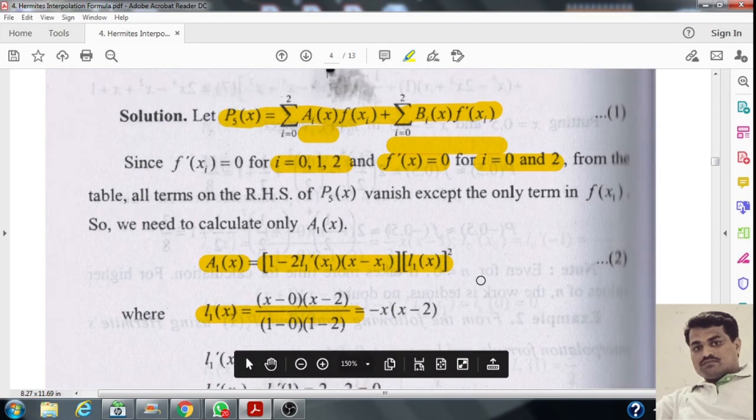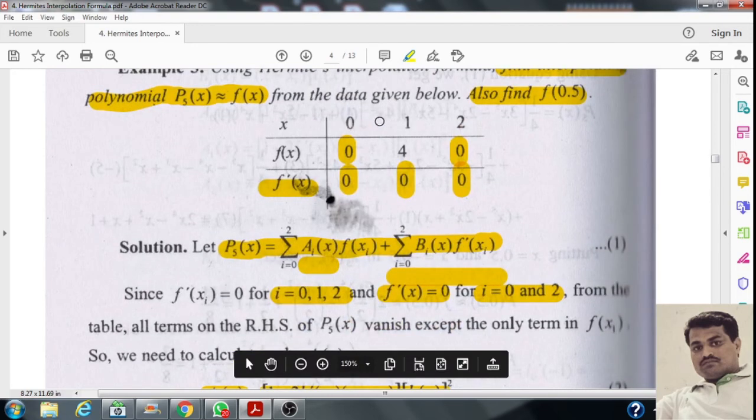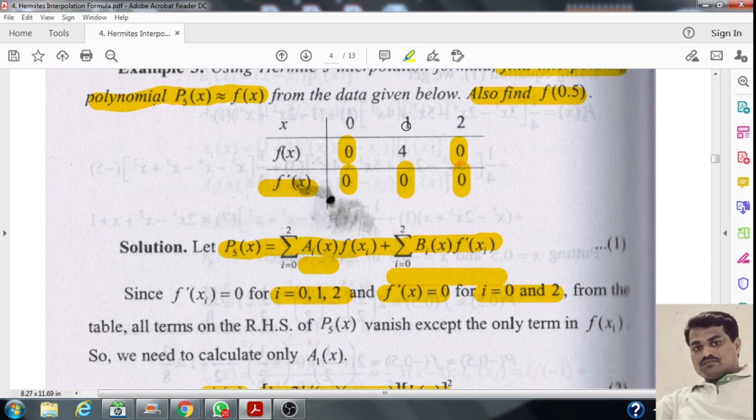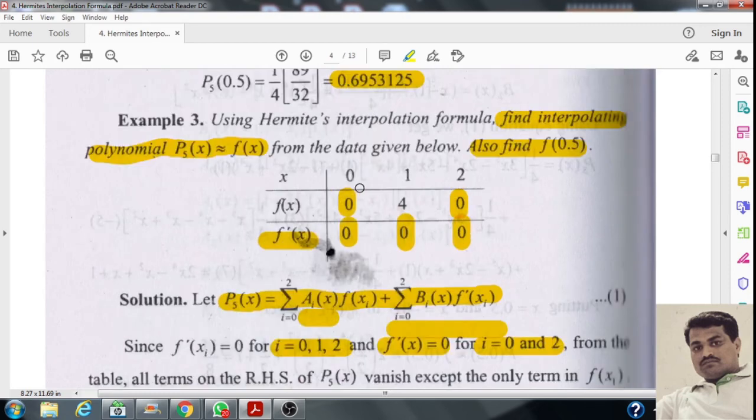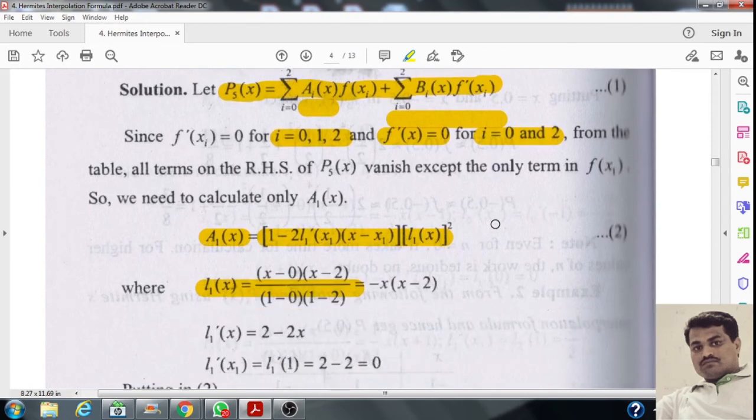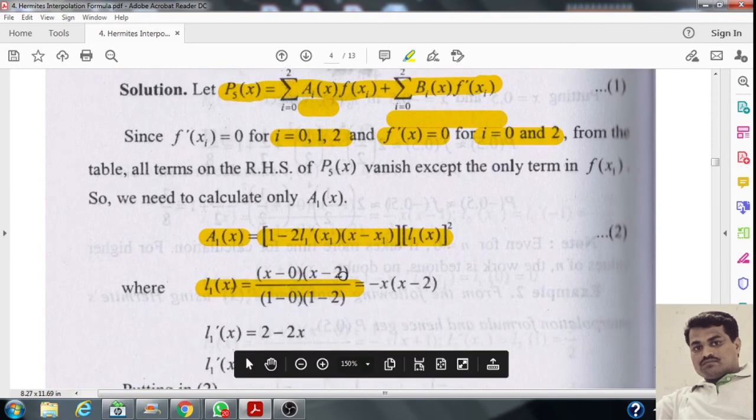Here x1 is 0. Here we are taking L1x, that's why subtract all the values of x except x1. Hence write x minus 0 into x minus 2.